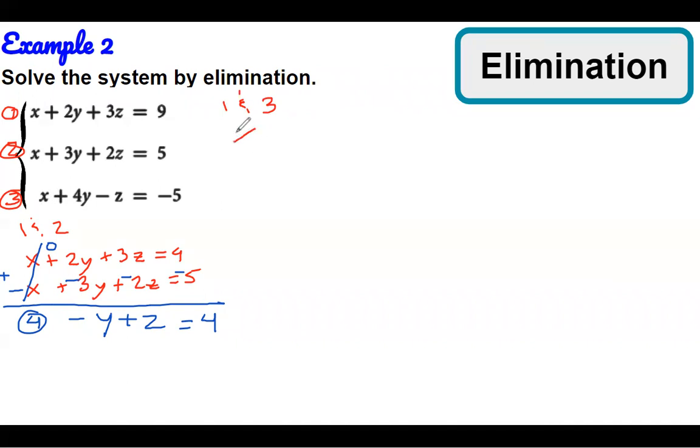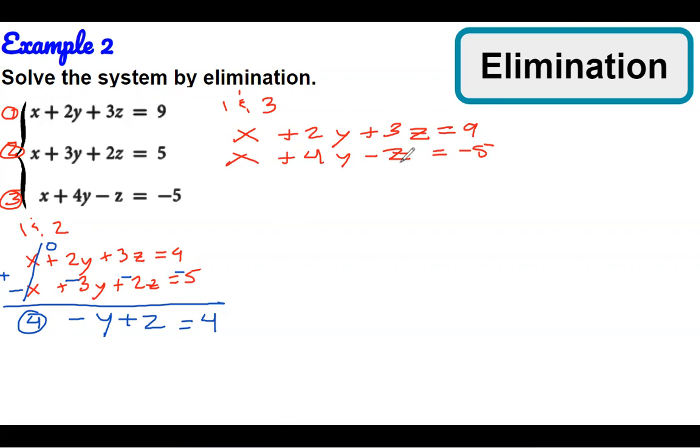Okay. So we have X plus 2Y plus 3Z equals 9. Number 3 is X plus 4Y minus Z equals -5. Now, sometimes the coefficients are not going to be the same number. Sometimes both of the equations have to be multiplied by a different number.